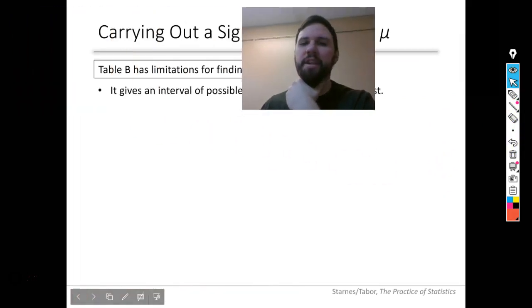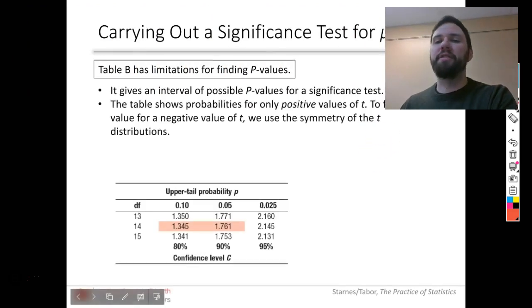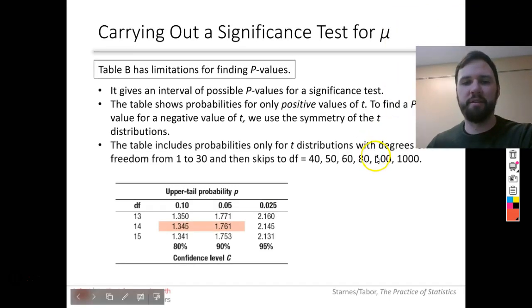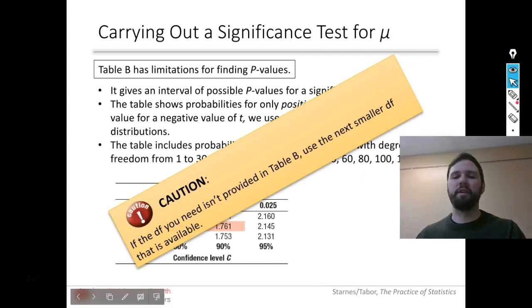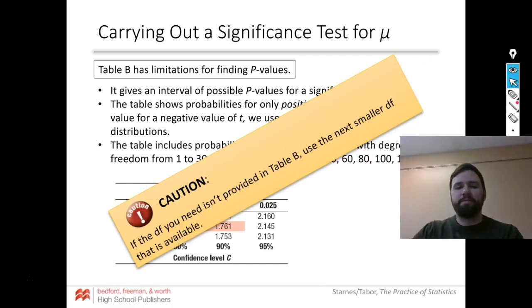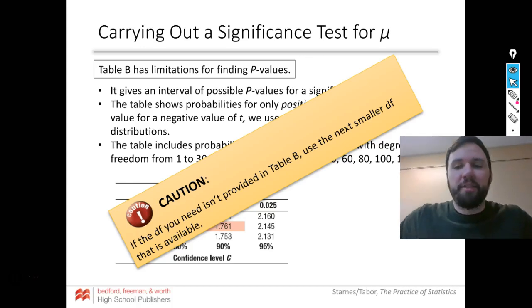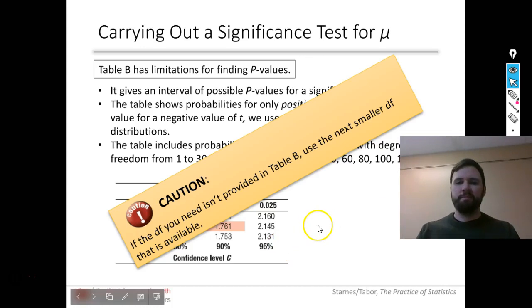It gives us an interval; it never gives us a specific p-value. It gives us enough to accept or reject a lot of the time, but it gets even worse when we have different degrees of freedom. Remember, with degrees of freedom, you always round down because that makes it a more conservative estimate.